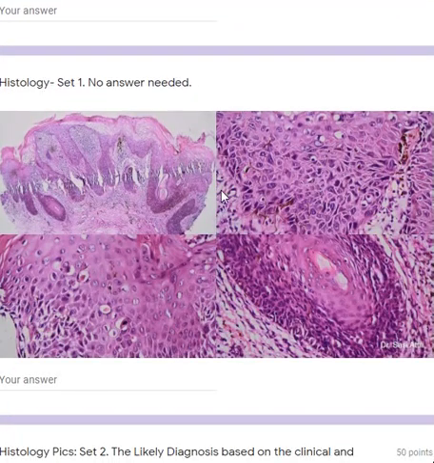So, the first set of images essentially show what we call acanthosis with epitheliomatous hyperplasia. Now, there are two terms that you need to be familiar with. One is pseudoepitheliomatous hyperplasia. Epitheliomatous means tumorous, tumor-like.